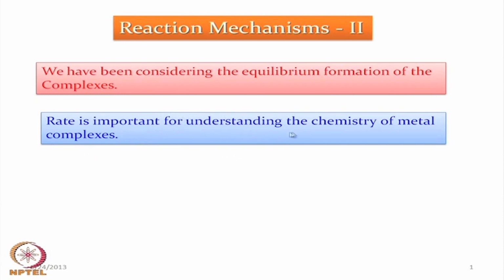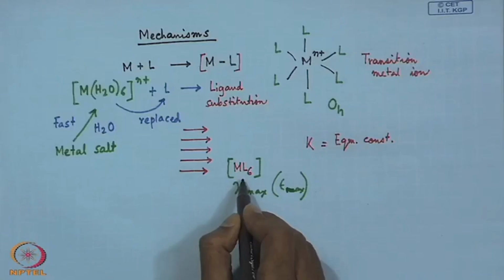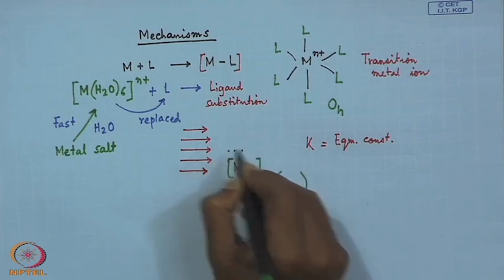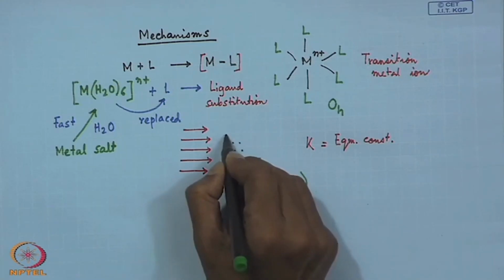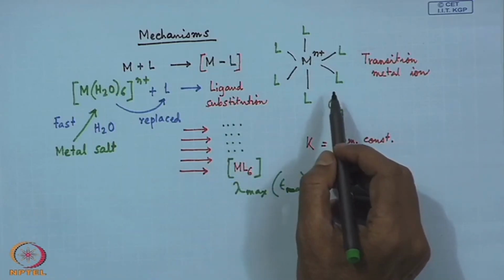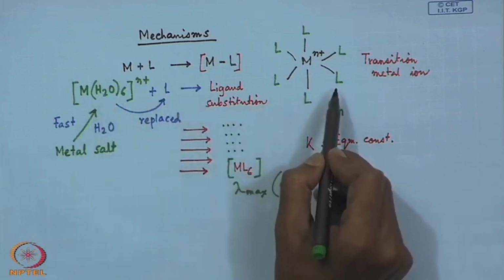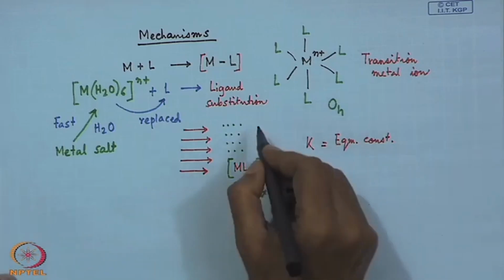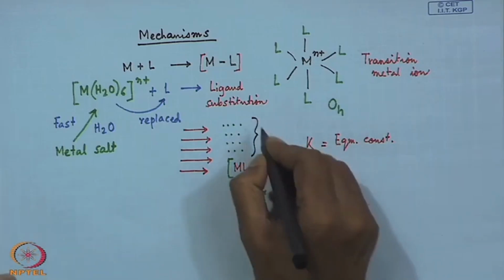In particular, if we want to understand the corresponding electronic structure and the involved intermediates at the same time, then if this ML6 is forming, the other steps we have utilized are the stepwise replacement of the water molecules by L. So, these species we can consider as some intermediates also.